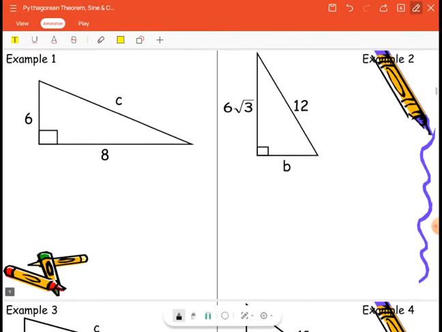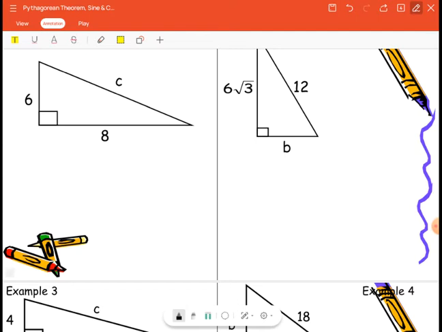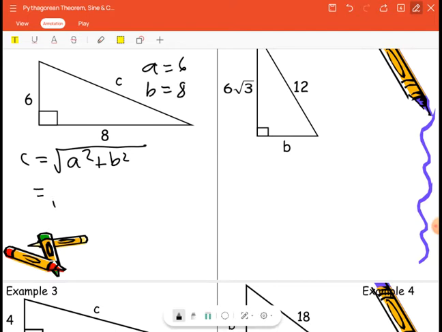For example, ang hinahanap ay yung hypotenuse na C. Gamitin natin yung formula C equals the square root of A squared plus B squared. Kahit alin yung gamitin mo na A and B, wala namang problema. Kung ang A natin dito ay 6, yung B of course is 8. That is equal to the square root of 6 squared plus 8 squared, which is 36 plus 64.